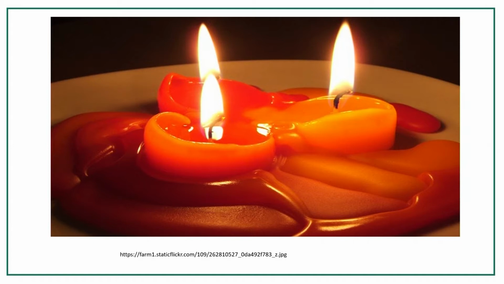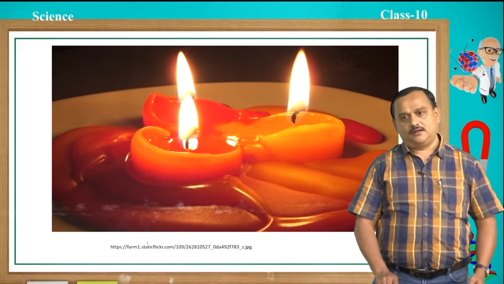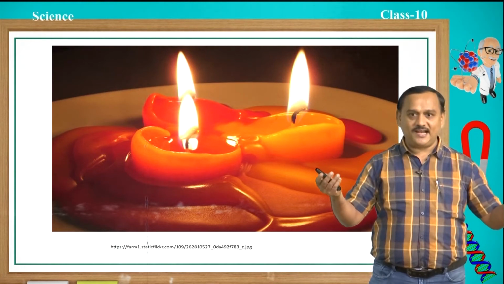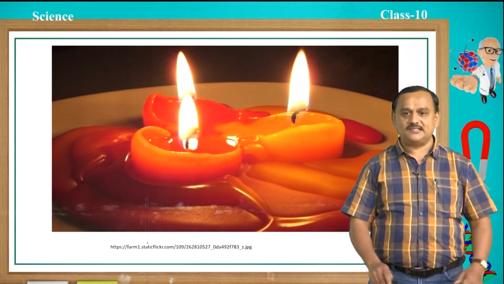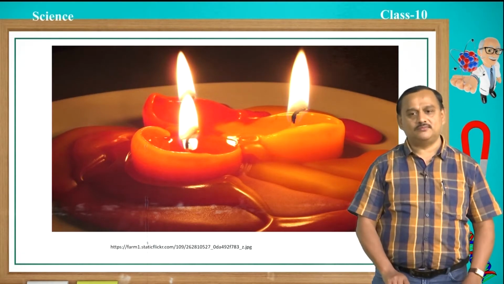Now the question: can we use all that light energy, heat energy, other products and the remaining candle, and prepare new candles, 3 candles again? No, it is not possible. Then where did that energy go?